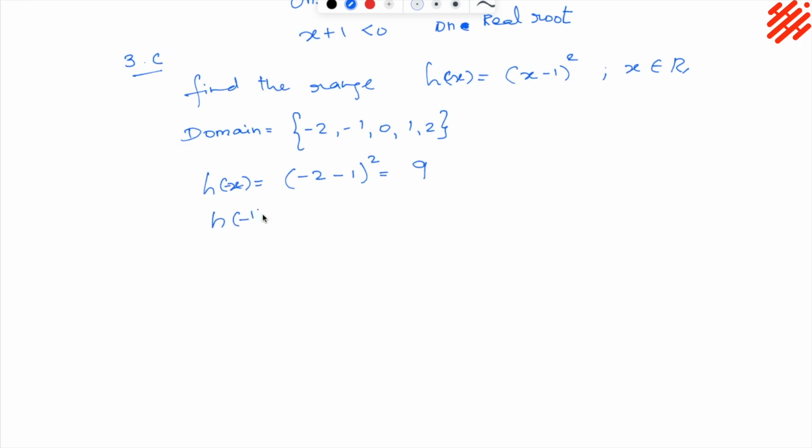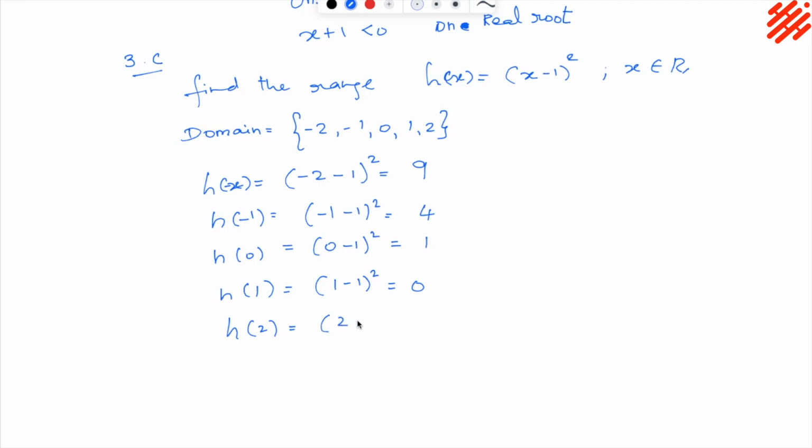H of -1 equals -1 minus 1 the whole squared equals 4. H of 0 equals 0 minus 1 the whole squared equals 1. H of 1 equals 1 minus 1 the whole squared equals 0. H of 2 equals 2 minus 1 the whole squared equals 1.